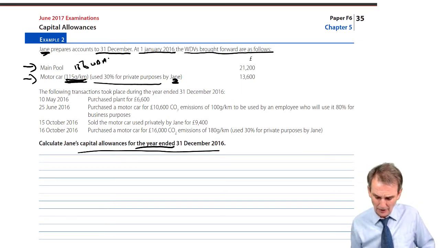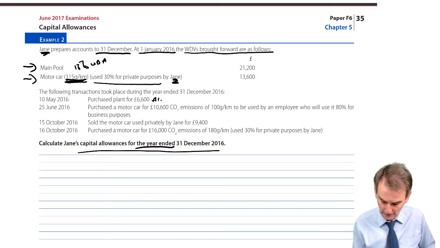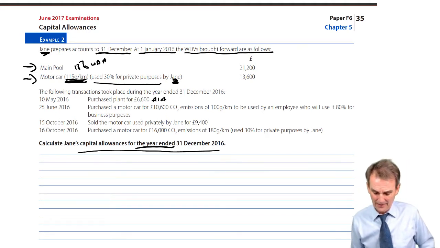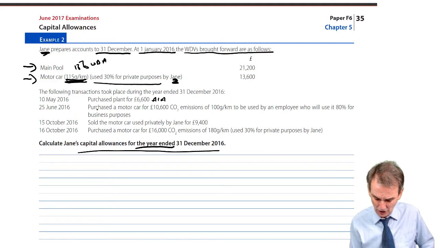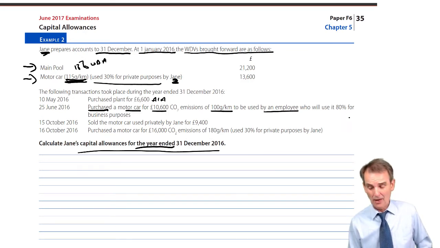So what else have we got in terms of what's happened during the period here? Purchase plant for £6,600. Normal item of plant, AIA will be available. Then we've purchased a car, 10,600, CO2 emissions 100 grams per kilometre, to be used by an employee. So do we care what the mix is between business and private use?